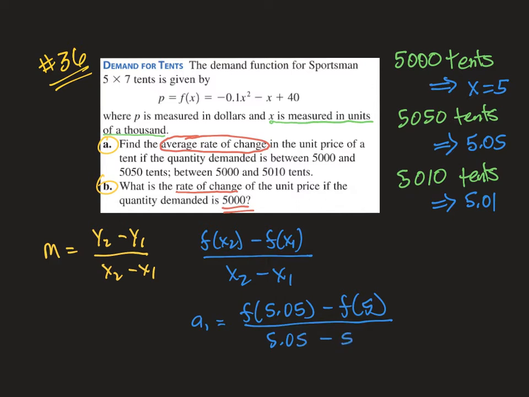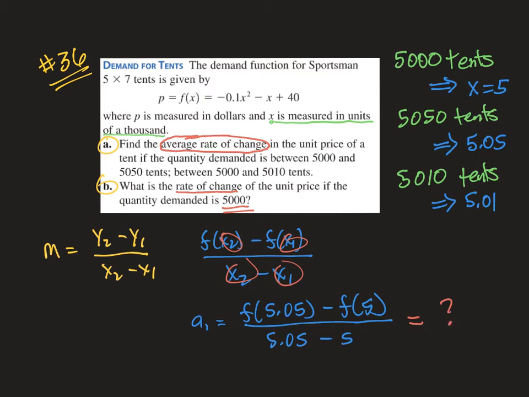So the first x value is 5, right? 5,000 tenths. The second x value is 5.05 because that's 5,050 tenths. So we replace all these x1s and x2s in the formula with the values that we need. And then our job is to figure out what this equals.